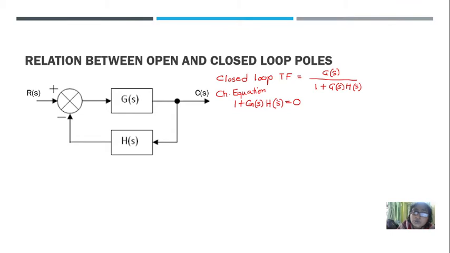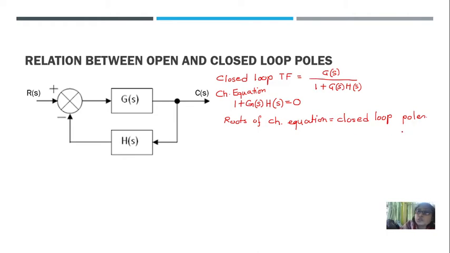So we can also write that roots of the characteristic equation are equal to closed loop poles. Roots of the characteristic equation are basically closed loop poles.